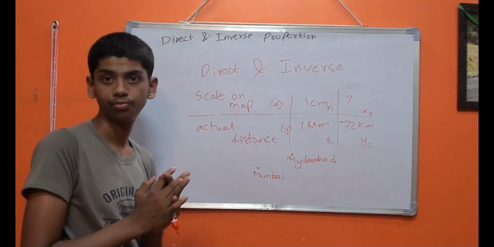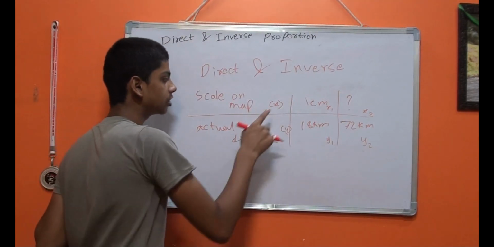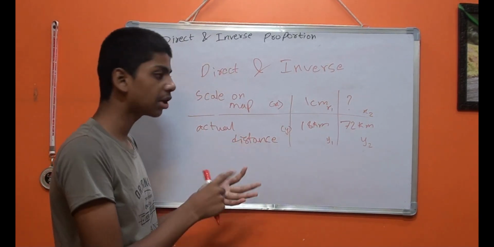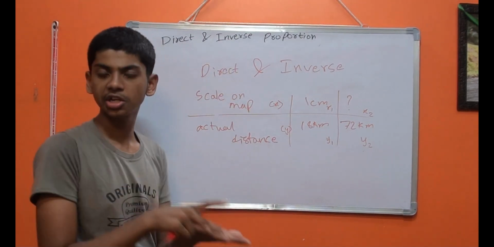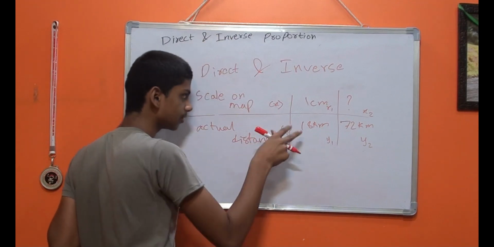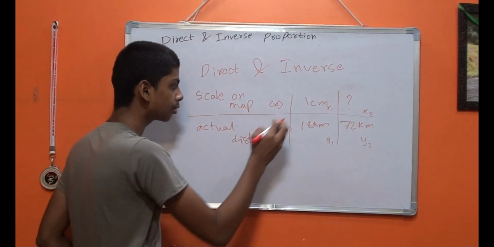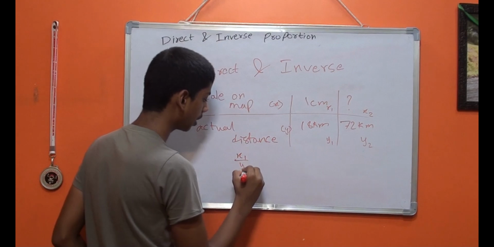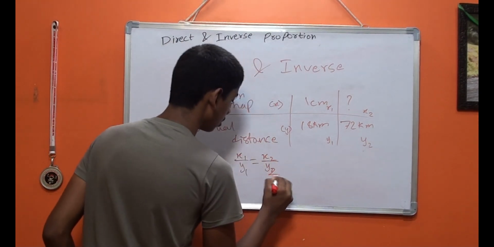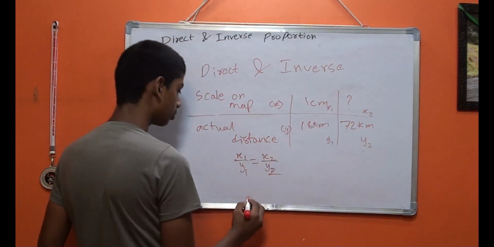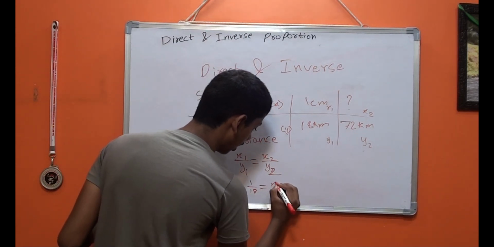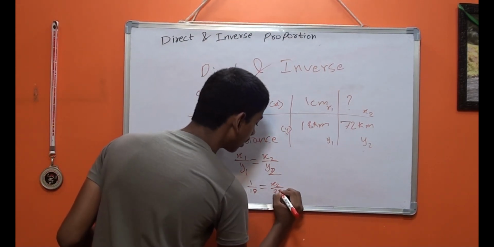Now let's see how to find it. First, this is in direct proportion, because when the distance on the map increases, the actual distance also increases. Now let's see the process of this sum. It is in direct proportion, so x1 by y1 equals x2 by y2. Now let's substitute the values. We will get 1 by 18 equals x2 by 72.